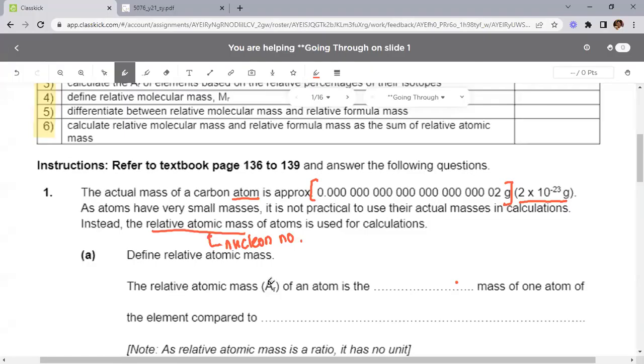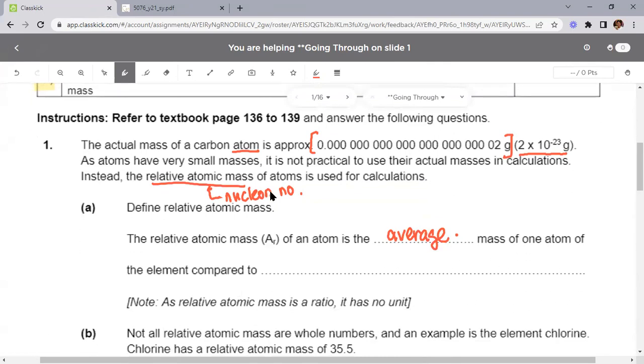So this is where we go into the definition now. Define what relative atomic mass is. The relative atomic mass is actually the average mass of one atom of the element.